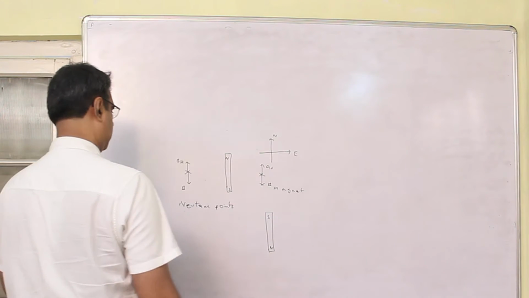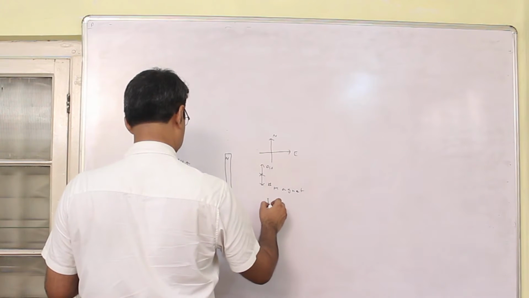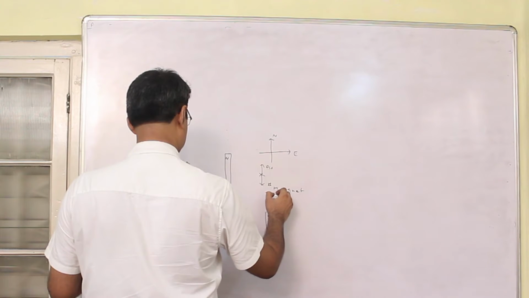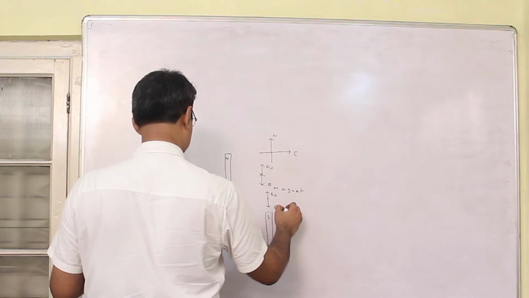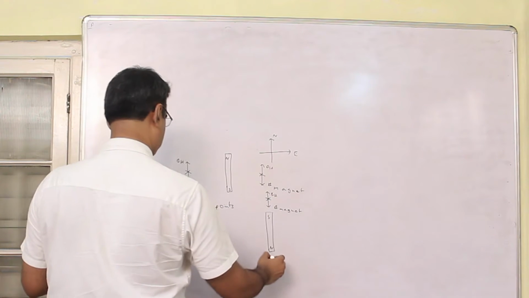Suppose you have a bar magnet with south pole pointing north. So you know that this will be the Earth's field and this will be the field due to the magnet. So this is a neutral point.